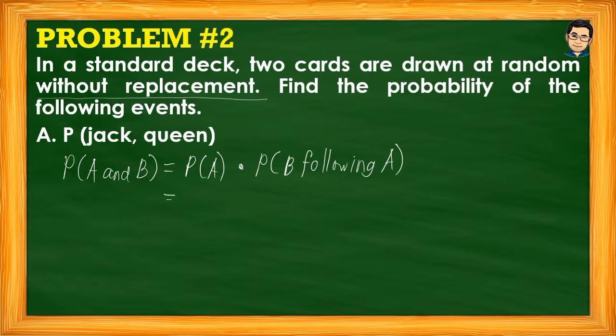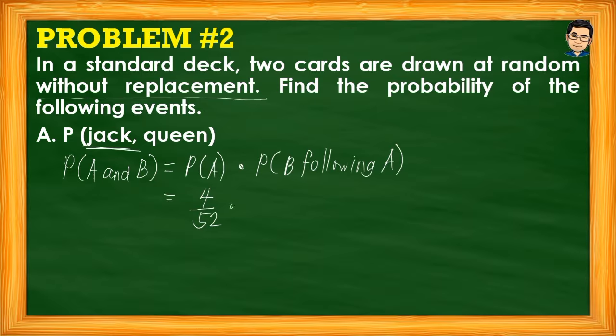Yung probability na A natin dito is yung jack. Ayan. So, that is 4 over 52. So, 4 po ang jack na meron sa isang standard deck. Jack of hearts, jack of diamonds, jack of spade, jack of clubs.